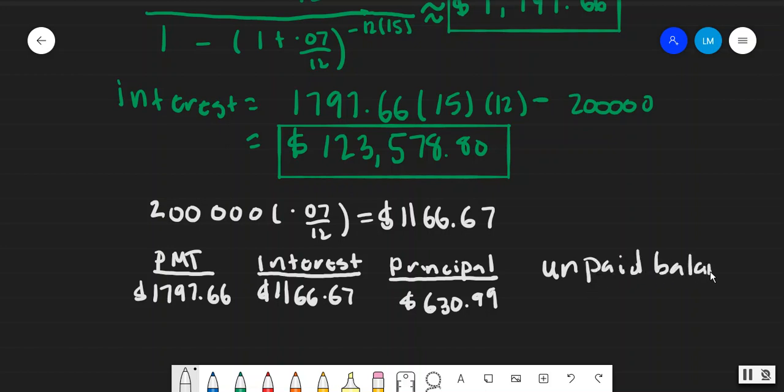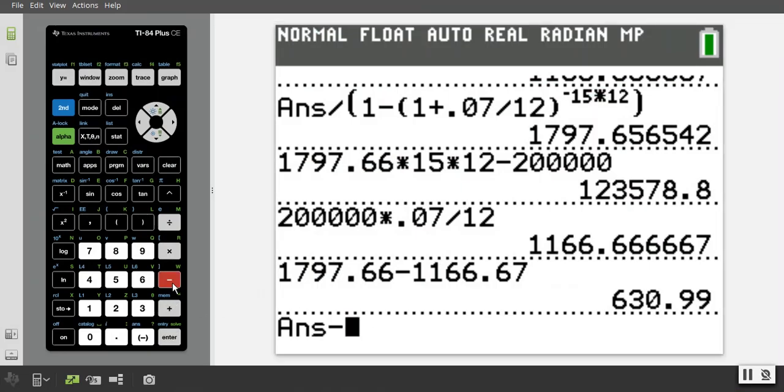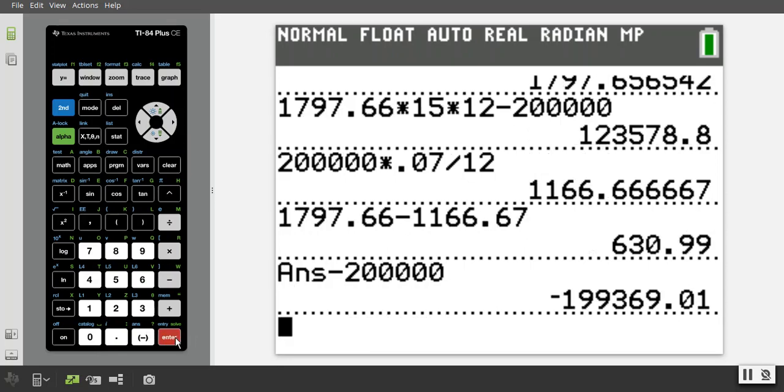Some people like to call it the end balance, because basically you would want the balance at the end to be zero, but that's not going to happen for a while. So the unpaid balance is basically just taking the amount subtracted from the unpaid balance, which in this case is 200,000.